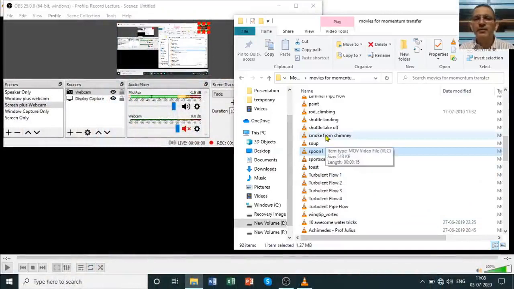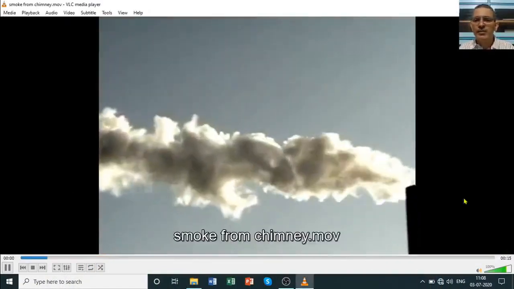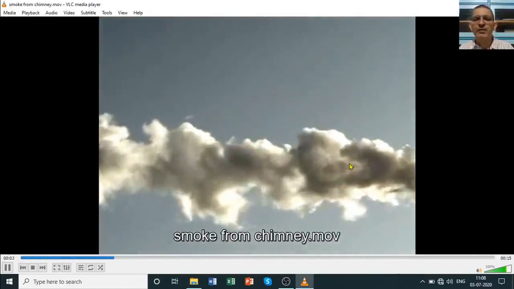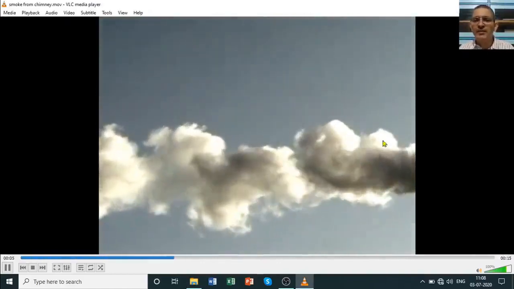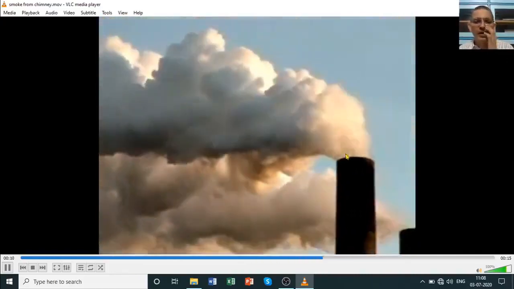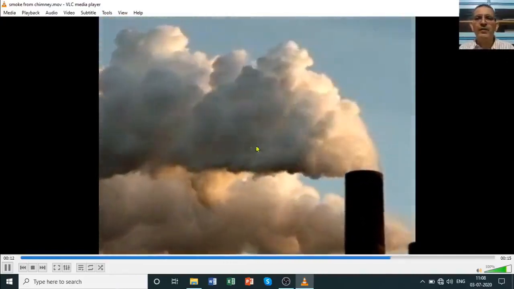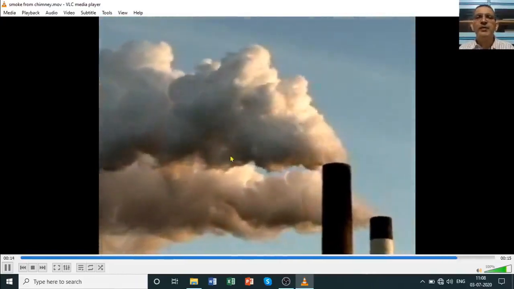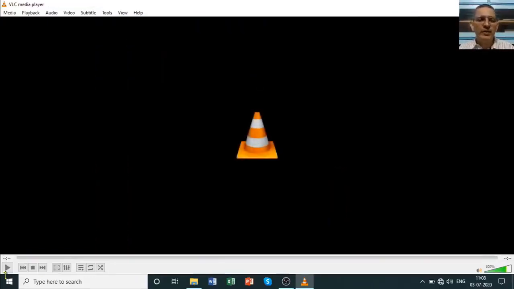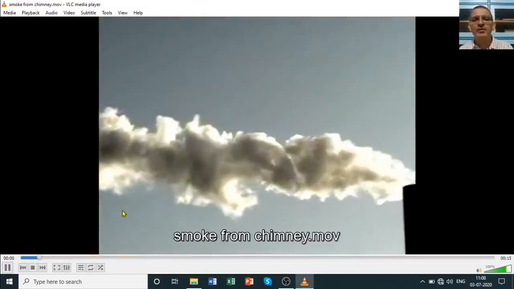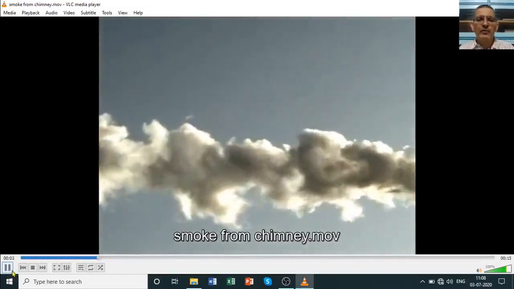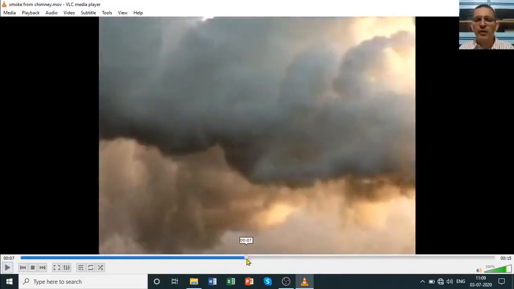So for example, this is one video where there is a chimney and there is smoke coming out of that chimney. You see these circular patterns that happen, these are called vortices, and this is a very important phenomenon which causes mixing of these effluents with the atmosphere. And you will see in your semester 6 course how the atmospheric conditions of temperature and pressure affect the dispersion of pollutants from these chimneys.